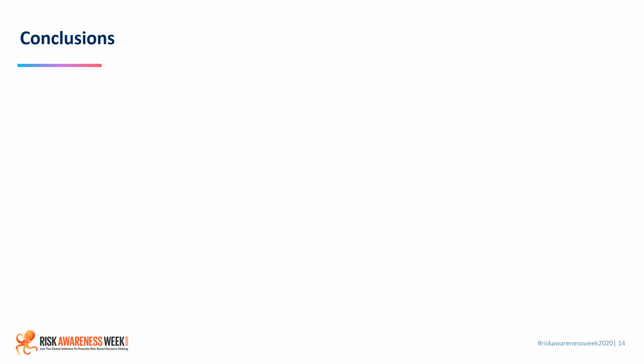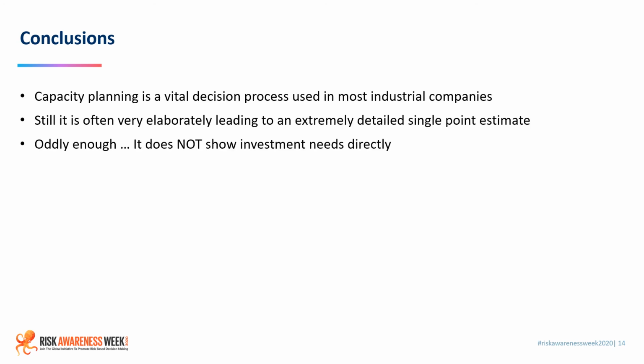Now, summing up on the whole thing, just to take the simple part of it, capacity planning is a vital decision process used in most industrial companies. This is where they decide what to invest. These are often costly decisions to make. Still, it is very often elaborately leading to an extremely detailed single point estimate.